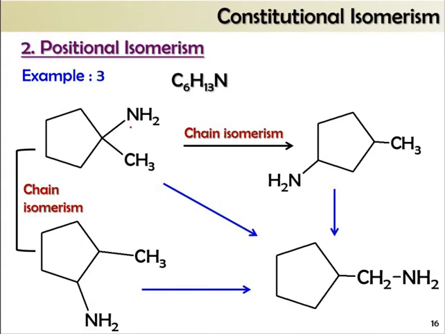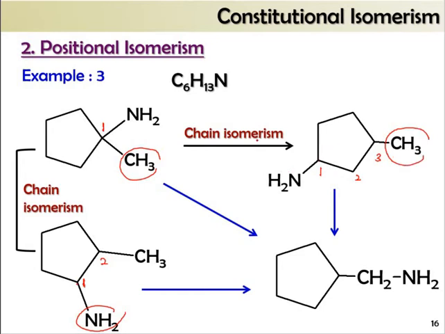NH2 is attached at this carbon, so it becomes carbon number 1, so CH3 at carbon number 1. And then here NH2 kita akan nomborkan mengikut kat mana dia attached, so it is still at carbon number 1. So CH3 becomes number 2. And then NH2 is attached to this carbon, so this carbon is carbon number 1, so CH3 at carbon number 3.